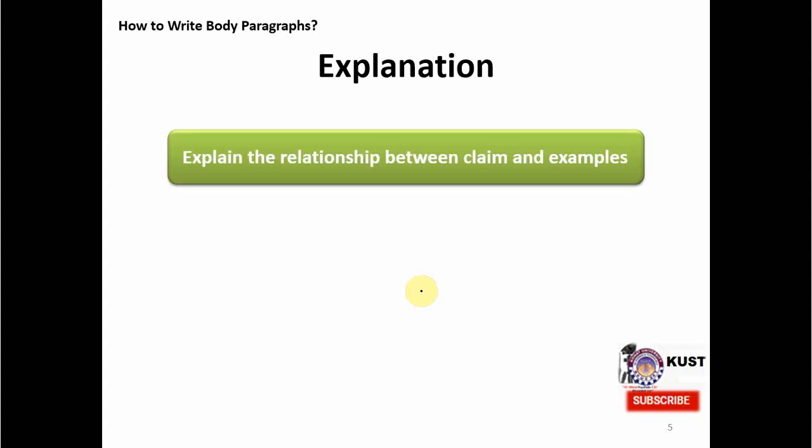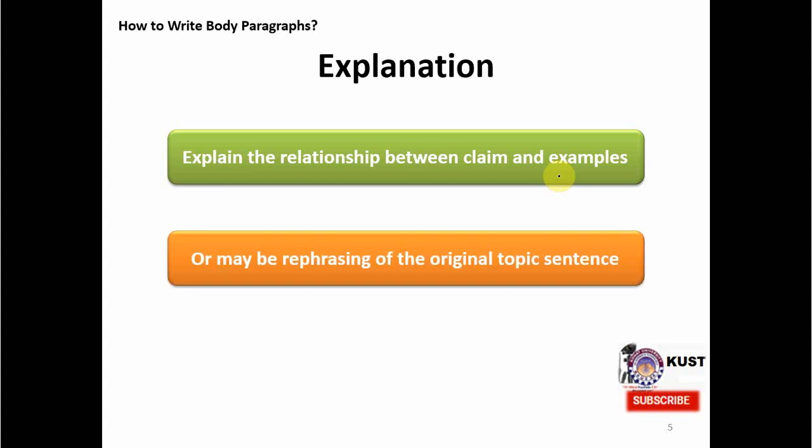So this explanation actually gives you the relationship between claim and examples, or some quotes or some statistics, so that the reader is now convinced. You make a convincing argument by explanation, and you may also rephrase the original topic sentences if needed.